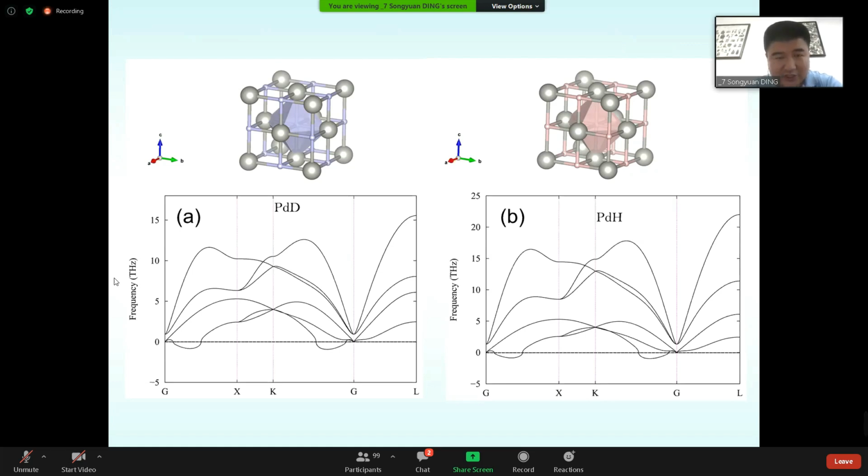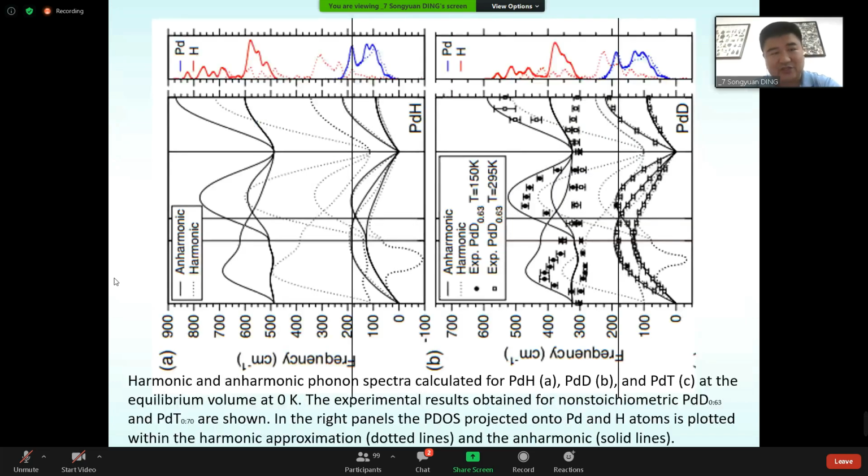I should say that these two systems are very interesting because typically the vibrational modes are anharmonic. The anharmonic effect is very strong. This is a similar result reported in the PRL.